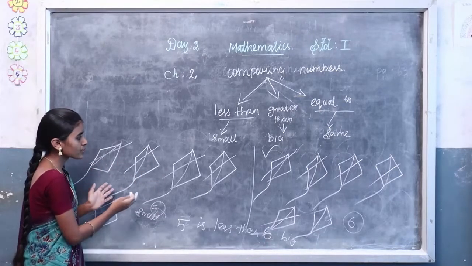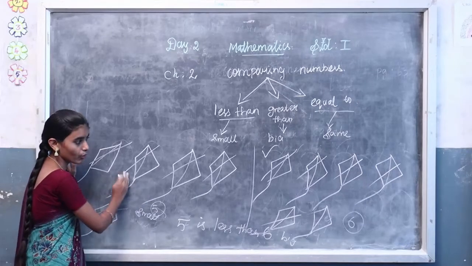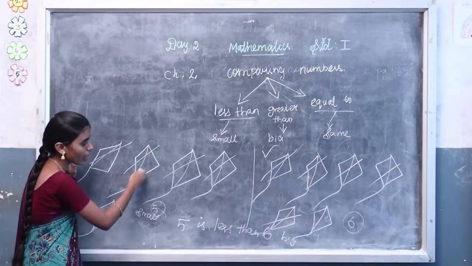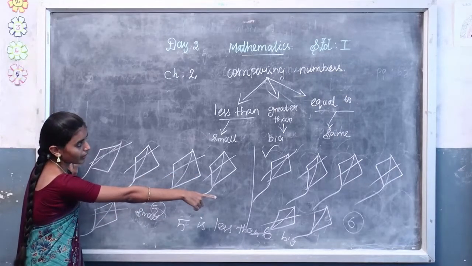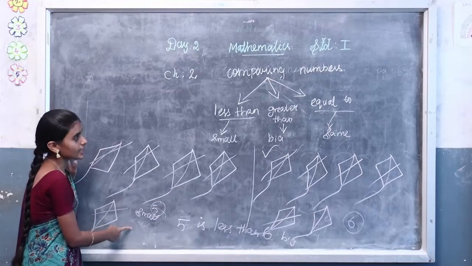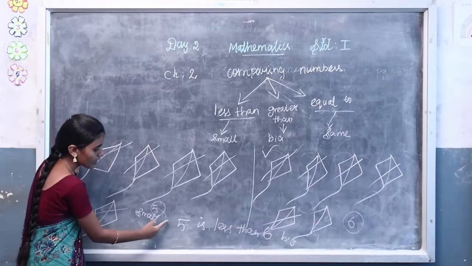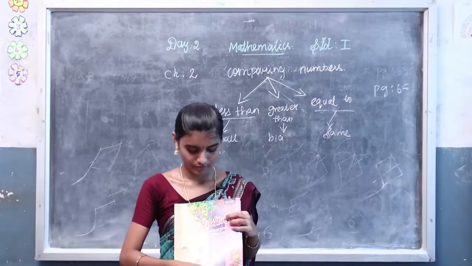We have to continue the process till one of these two groups is struck out fully. So see the first group, all kites are struck out, and see the second group, one kite is remaining. So that is the big one, this is the small one. So to indicate the small number, we have to use the words less than. So 5 is less than 6.